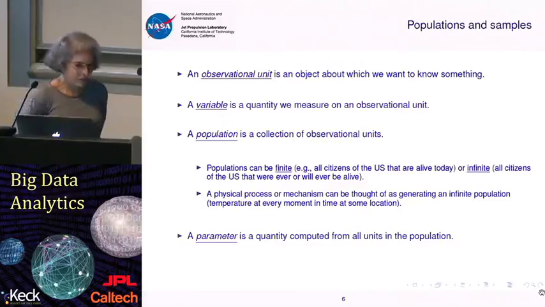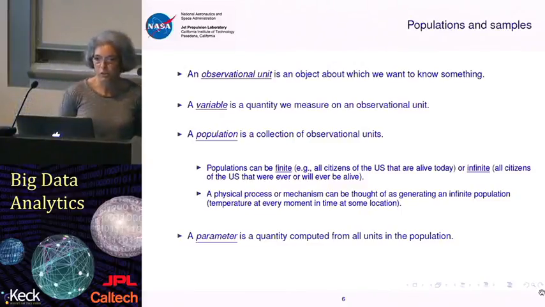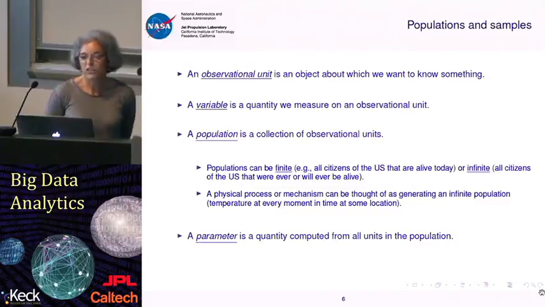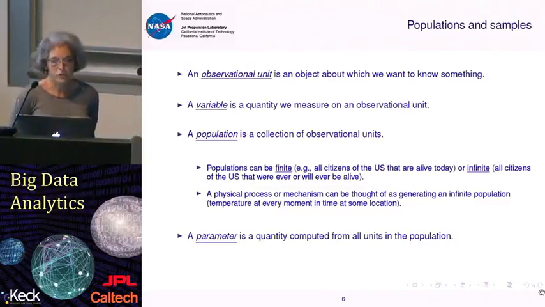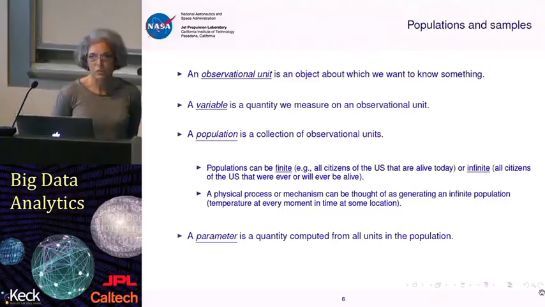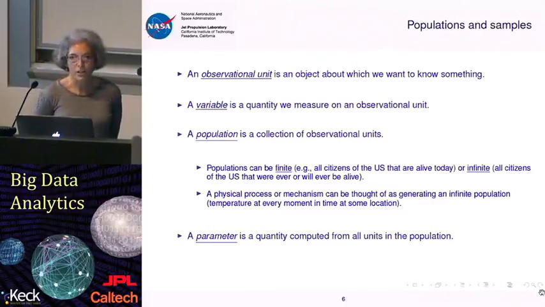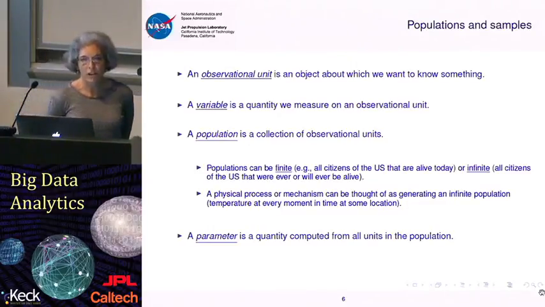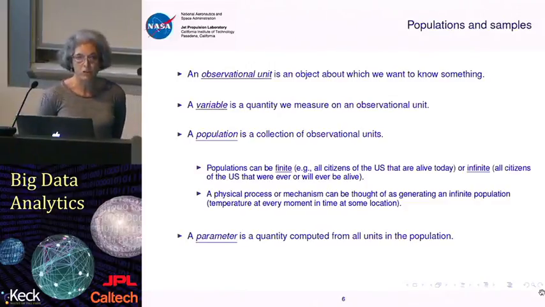And the concept of an infinite population is actually especially useful when we think about physical mechanisms, things like surface temperature on the Earth. Surface temperature where, you might ask? You might ask, what's the observational unit? Is it a point location, or is it my block or my census tract, or some other larger aggregation of space that defines the observational unit?